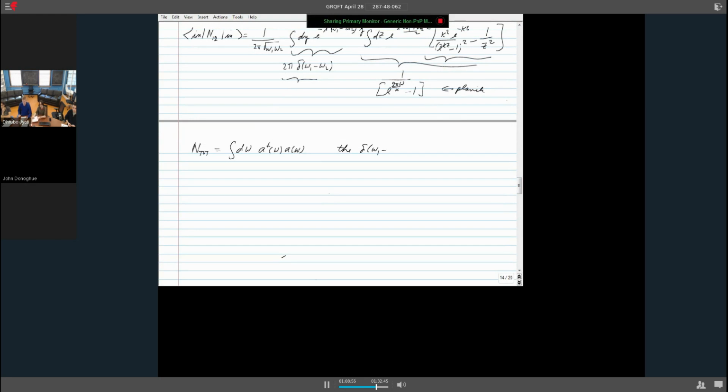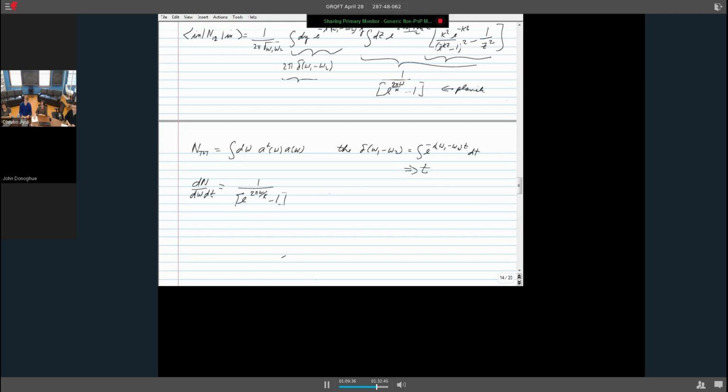It ends up giving you, so the piece that I have here with the 2 pi omega 1 omega 2 gives me a factor of 1 over e to the 2 pi omega over kappa minus 1 from doing that integral.